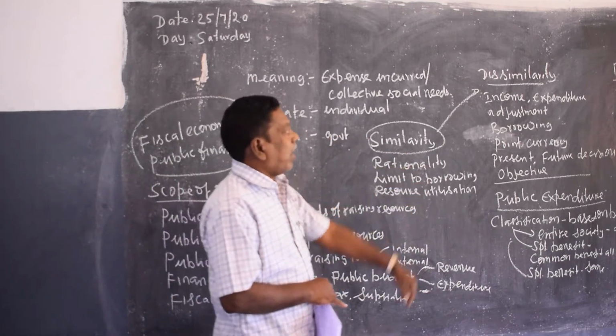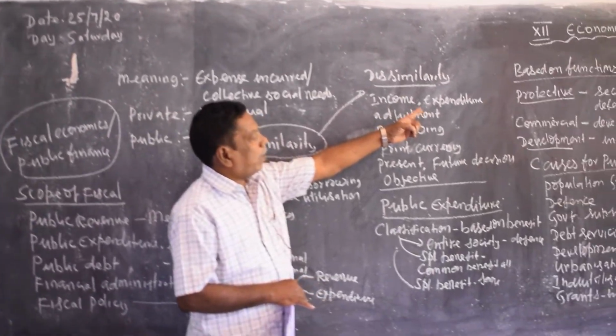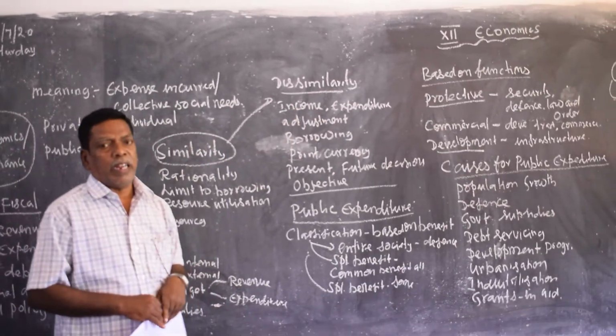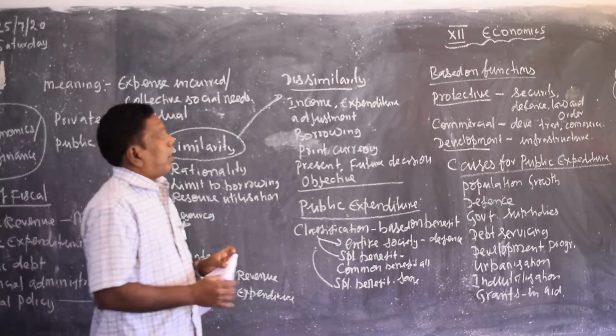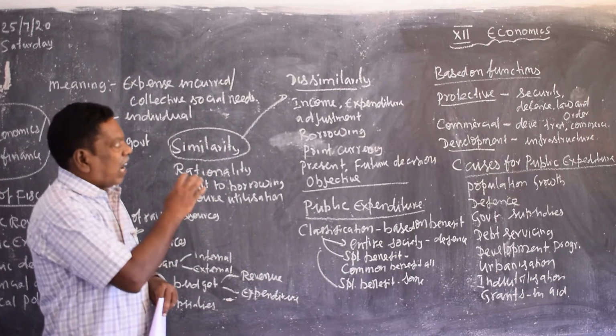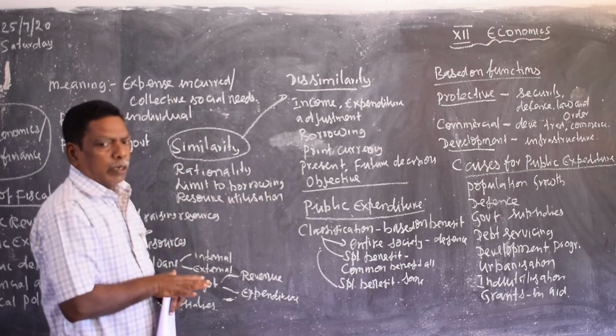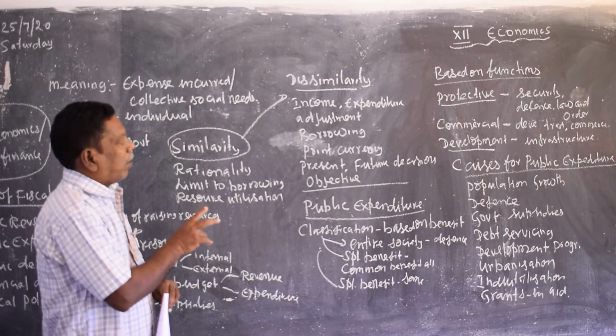And dissimilarity, the very first one is income and expenditure adjustment. Normally, private finance people will calculate the income, and according to that they will spend the expenditure. See the difference between private and public.